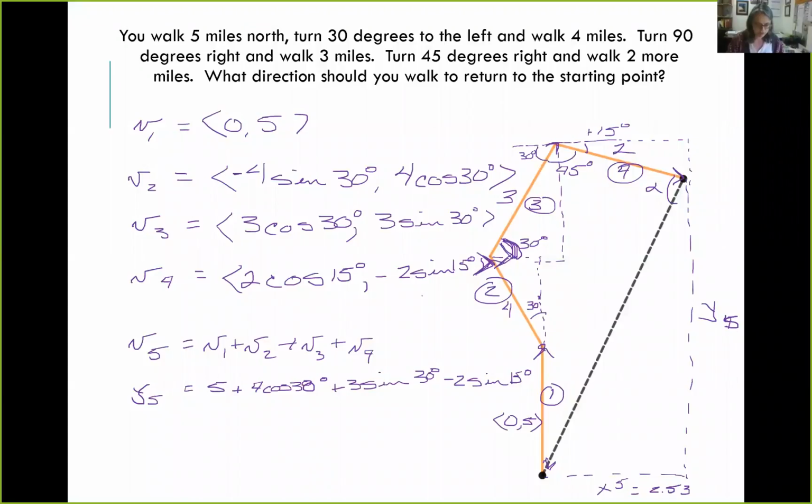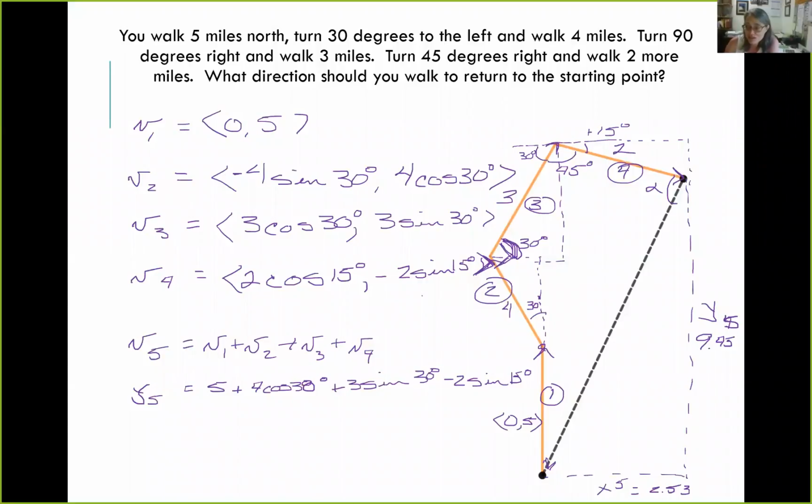Sorry, I think I messed that up. Let's try that again. 5 plus 4 times the cosine of 30 degrees plus 3 times the sine of 30 degrees minus 2 times the sine of 15 degrees, and I get 9.44. 9.45, we'll call it. Okay, but what do I really want?